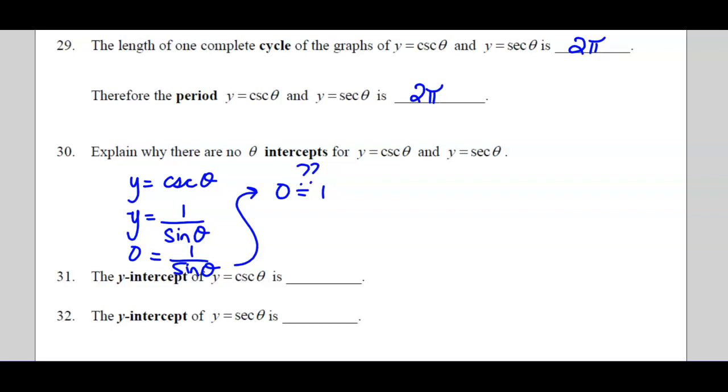There's no way that you can get, for any value here when you multiply through, the variables are gone, right? So there's no way you can divide 1 by anything and get 0. Or, if cosecant theta is 0, then sine theta is 1 over cosecant theta, or 1 over 0.